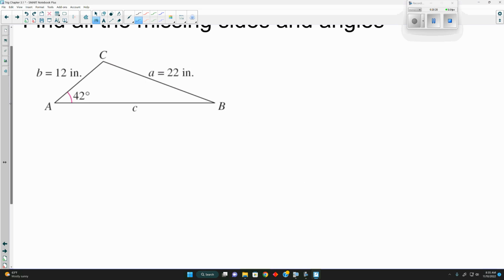Okay, so given two sides and an angle, is the angle greater than or equal to 90 degrees? No. Okay, so we drop down. Now the question is A greater than or less than or equal to B? Greater than. So we have how many solutions? One.